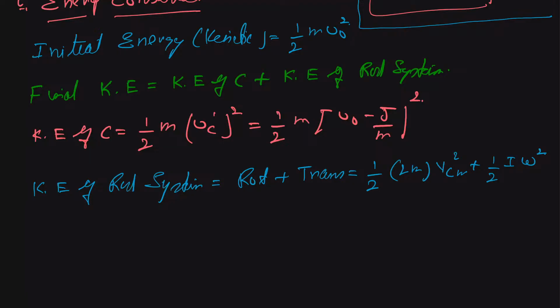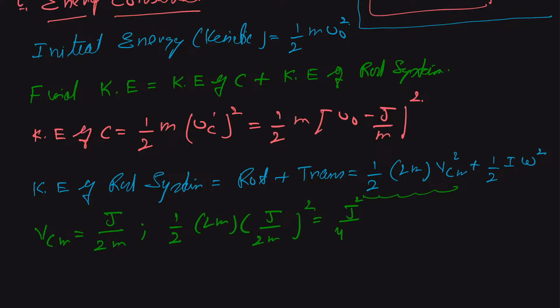We know that Vcm is equal to j upon 2m, so we substitute it in this equation. We get half times twice m times j upon 2m whole square, and this comes as j square upon 4m.